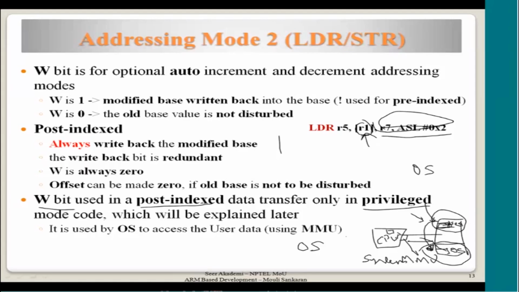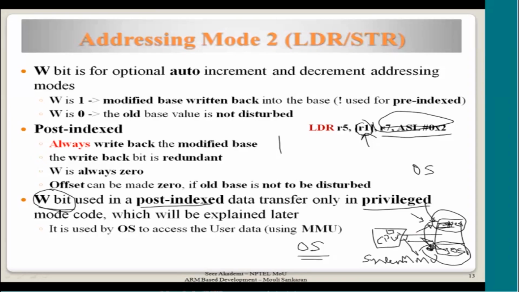So it has to say, I am not interested in accessing my own space, but I am interested in accessing the user space. To indicate that, they have used this W bit internally by the processor. So the processor is aware of which mode it is running in.